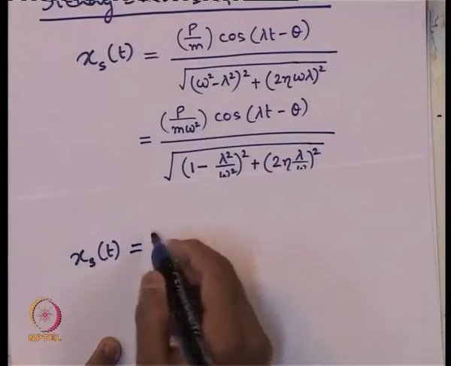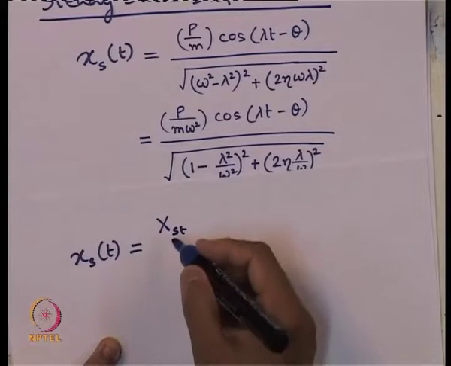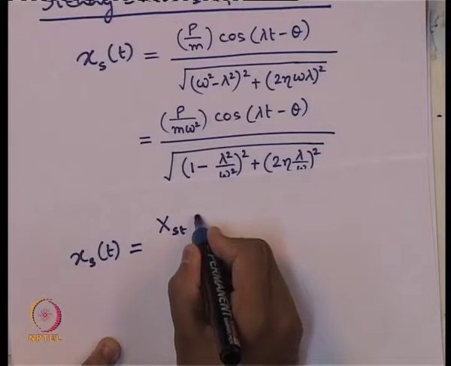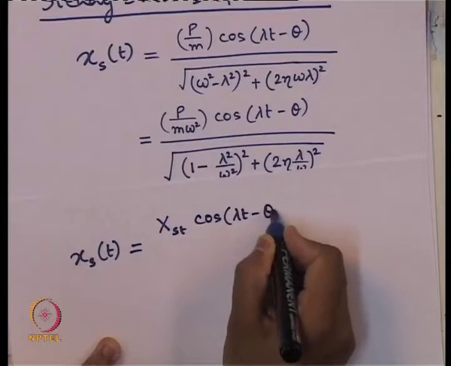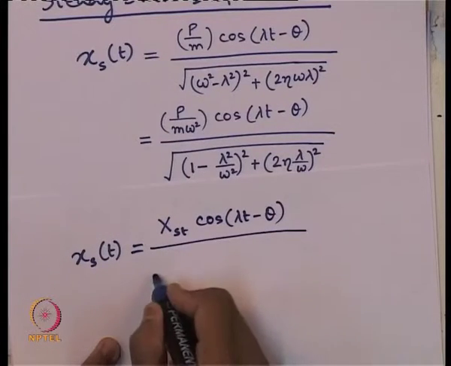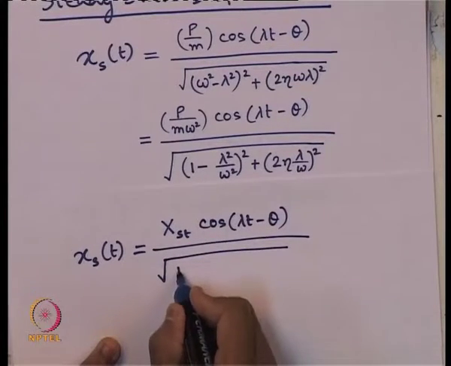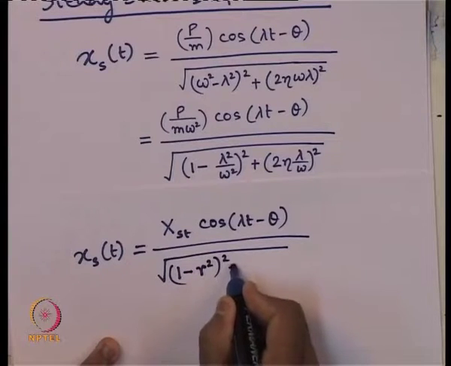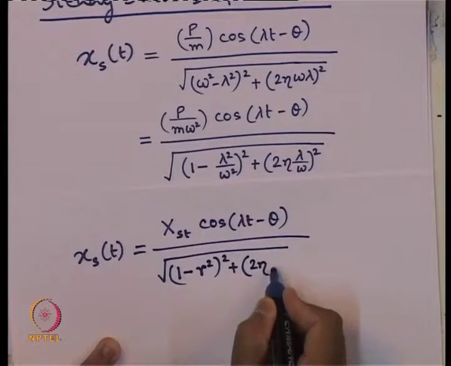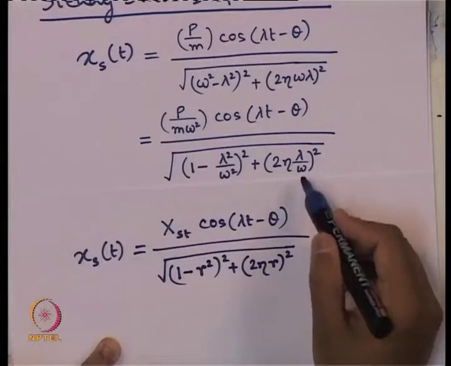This is nothing but the static displacement times cosine of lambda t minus theta by root over what I am getting from here, 1 minus r square whole square plus 2 eta r whole square, where r is the frequency ratio lambda by omega.